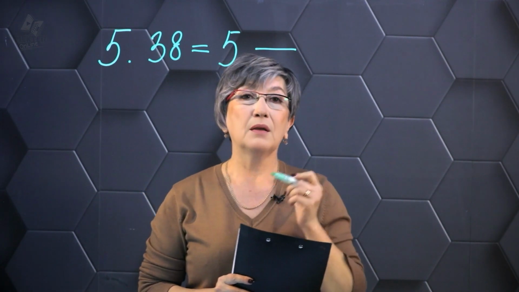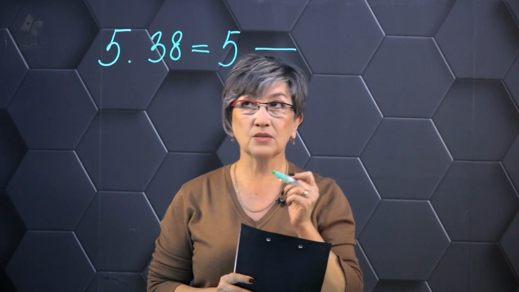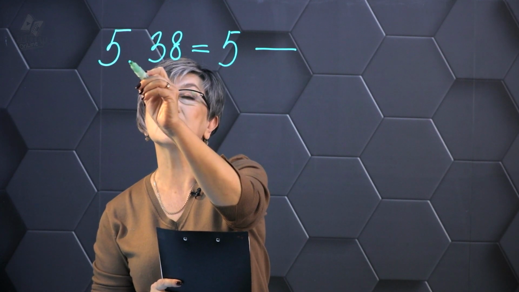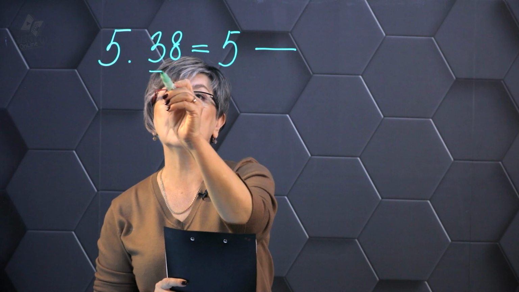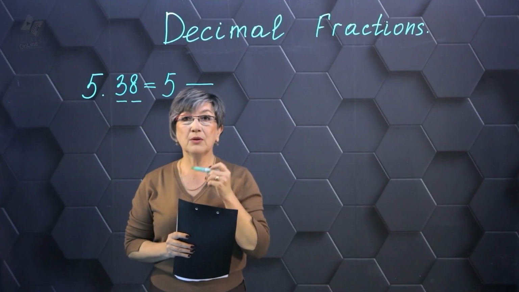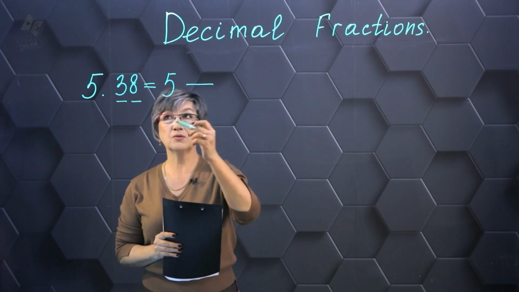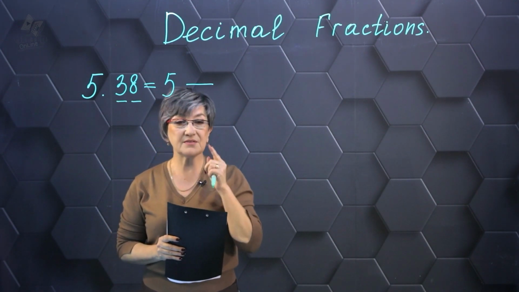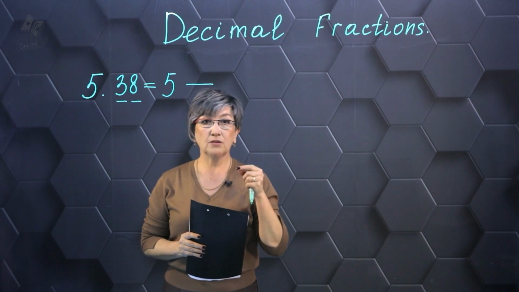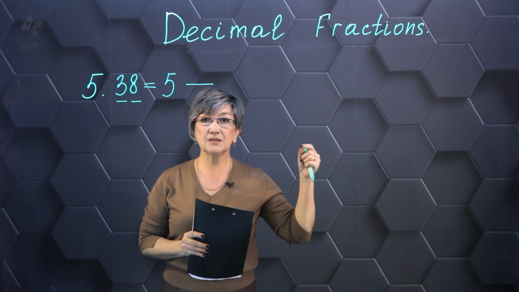Next, we pay attention to how many digits come after our point. So that's 2 digits. What do they tell us? Well, the thing is, I always write in the denominator only 10, 100, 1,000, 10,000, a million, and so on.